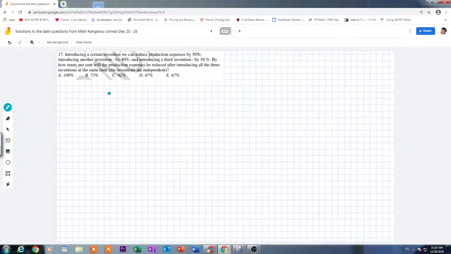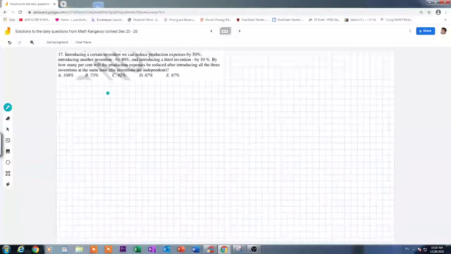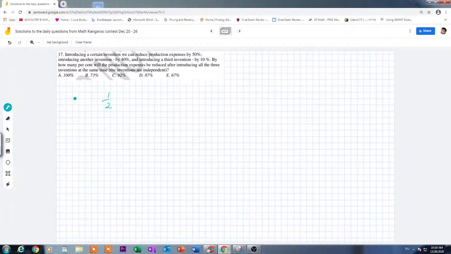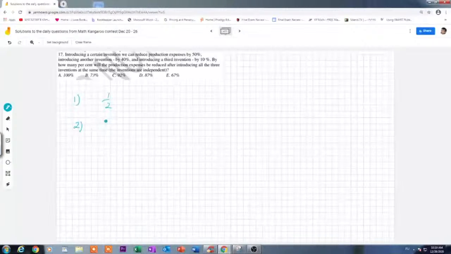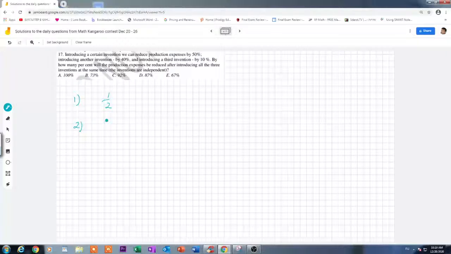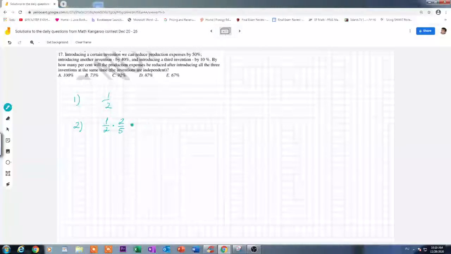So after the first invention was introduced, the expenses have been cut by half, so only half of them stayed, right? So after we introduce the second invention, 40% of the remaining expenses will be cut. 40% is 2/5, right? If we convert 40% into a fraction, it will be 2/5.